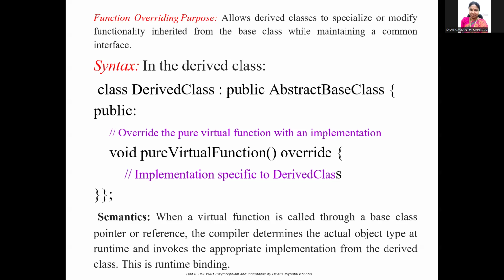If the object belongs to cat, the cat class function will be executed. If the object belongs to dog, the dog class function will be called. So the dog object and the dog class function will be bound. Only at runtime the binding happens. That is called late binding or dynamic binding.